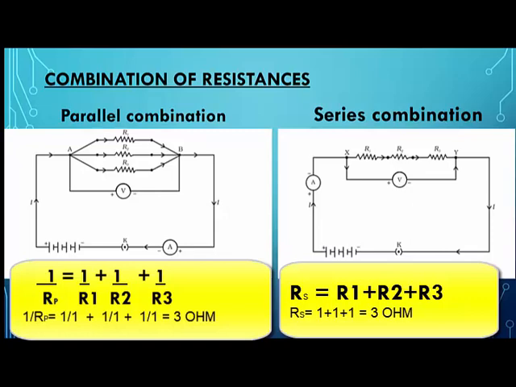So 1 upon Rp is equal to 1 upon R1 plus 1 upon R2 plus 1 upon R3, which means you have to invert them and then add them together. Then you will get the equivalent resistance of the entire circuit when the resistances are in parallel combination.